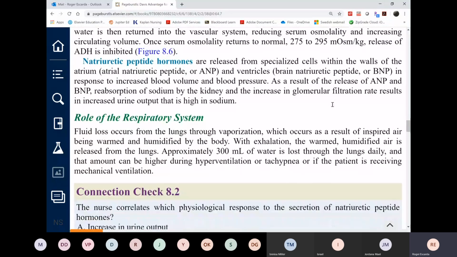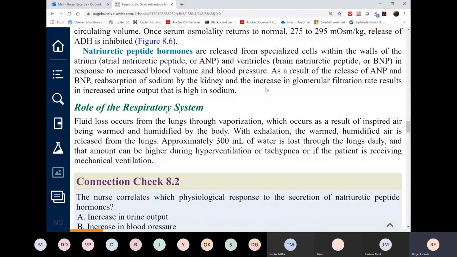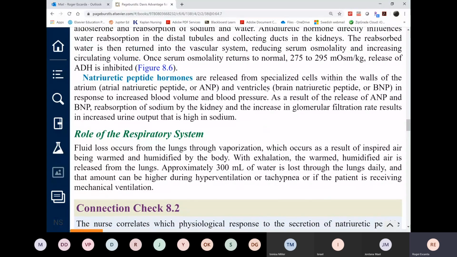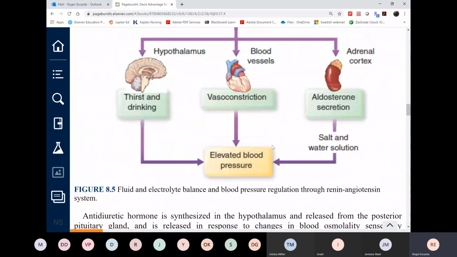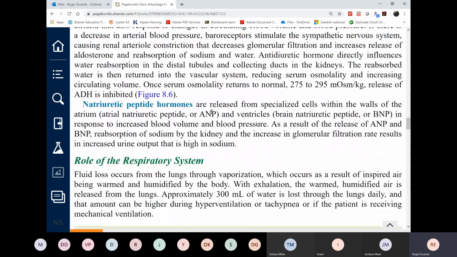Now, there is a counter-regulatory hormone here. So there's a difference here. A regulatory hormone is to increase blood pressure, meaning we want to improve perfusion by two things, increasing resistance and also increasing volume. The counter-regulatory hormone, which is natriuretic peptides, we have two.